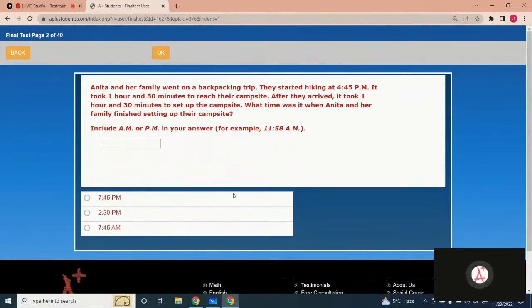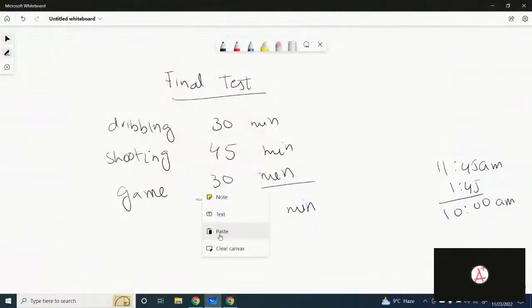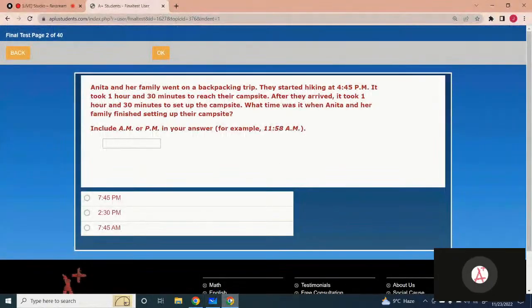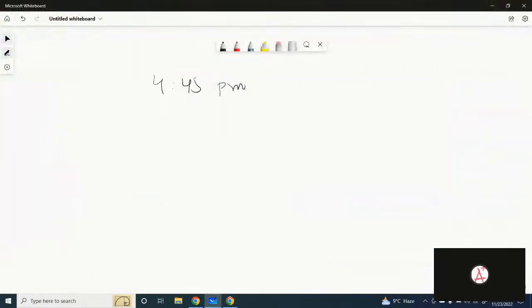Okay, so they started hiking at 4:45 p.m. Then they hiked for 1 hour and 30 minutes.